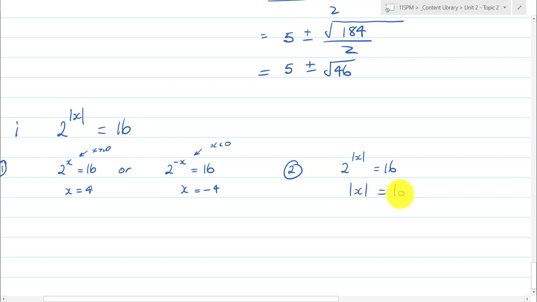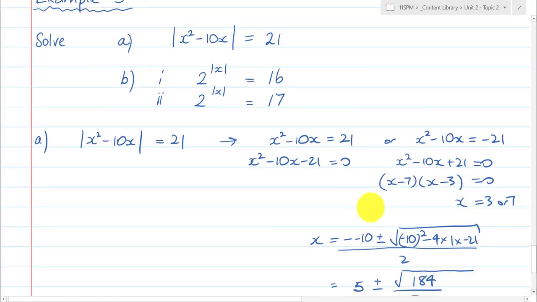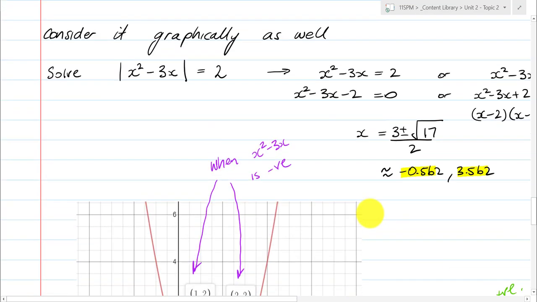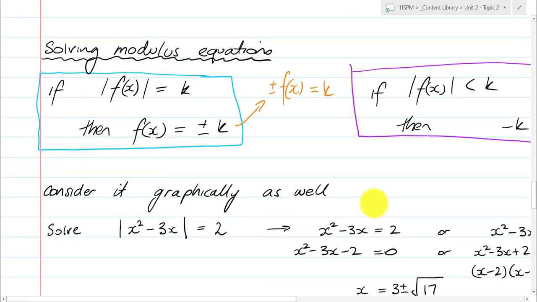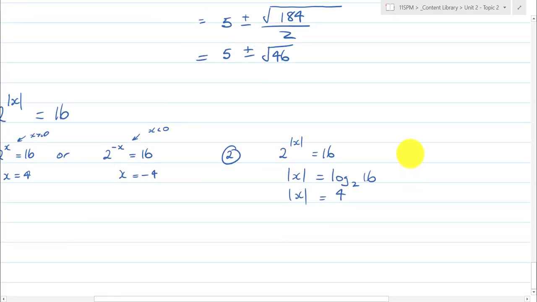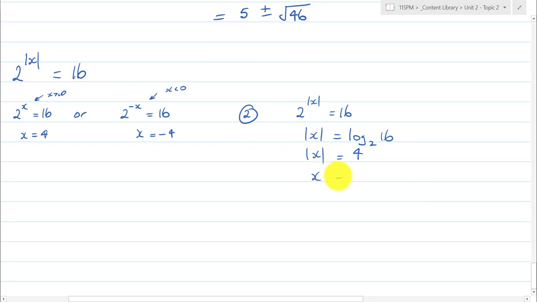And then I'd say, if I go back to this rule up here, the modulus of fx equals k, then fx equals plus or minus k. So that tells me that x equals plus or minus 4. So for the modulus of x to equal 4, x must be plus or minus 4. Yeah? 2 ways to solve that one.